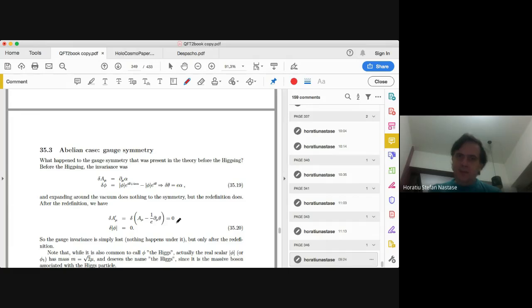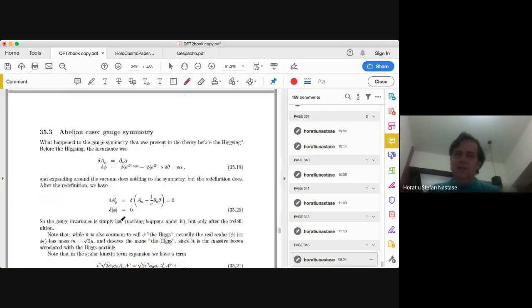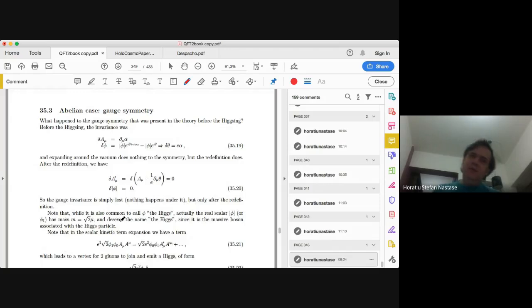This is equal to 0. Right? If you just substitute this, you see this is 0. And δ|φ| was 0 anyway. So after the redefinition, there is no more gauge symmetry. But before the redefinition, even when expanding around the vacuum, you still have a symmetry, well, if you keep all the terms in the expansion.